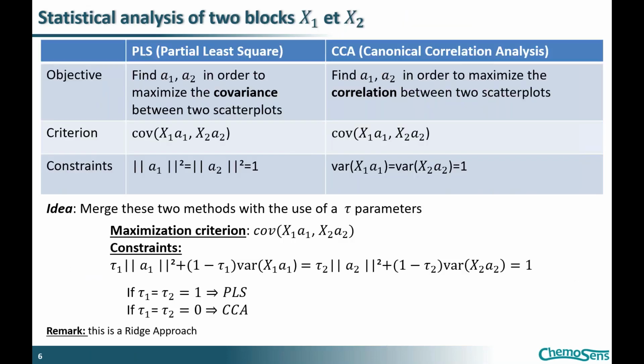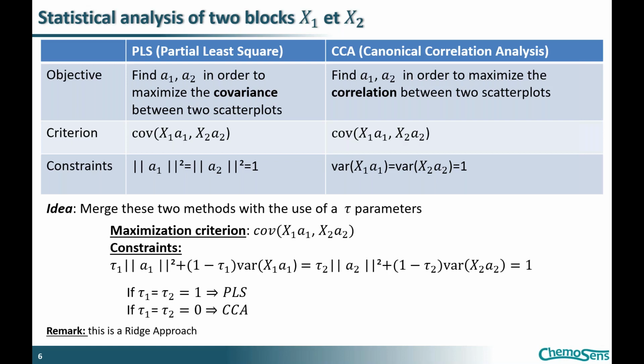I am going to try to explain what happens, to begin with only 2 blocks of measurements. So let's imagine that we have only 2 blocks to deal with. In this case, we have methods that we know, which are, for example, PLS, partial least squares regression, and canonical correlation analysis, CCA.